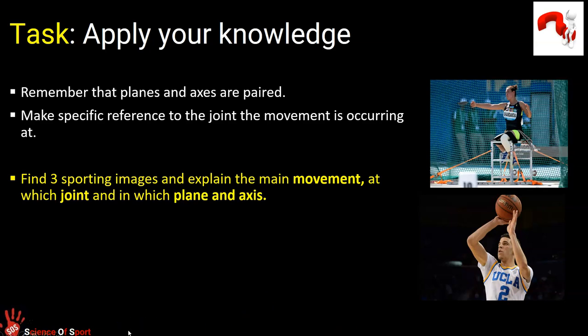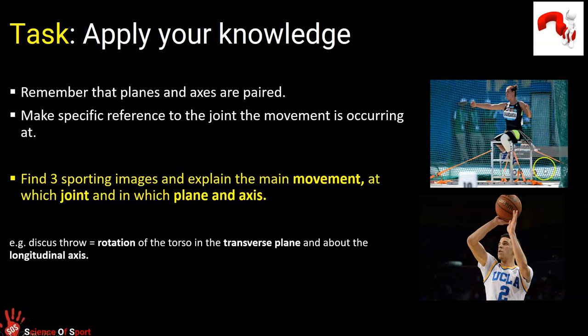So let's look at my 2 examples there. I've got a discus thrower up here, and so my example would be something along the lines of the discus throw is rotation of the torso, so the rotating spinning action of the torso in the transverse plane and about the longitudinal axis. My free throw action here.